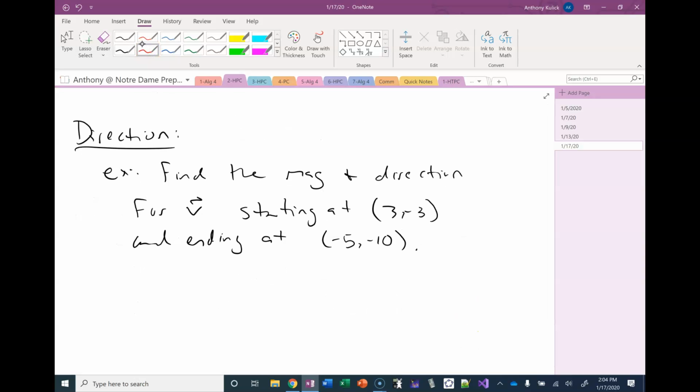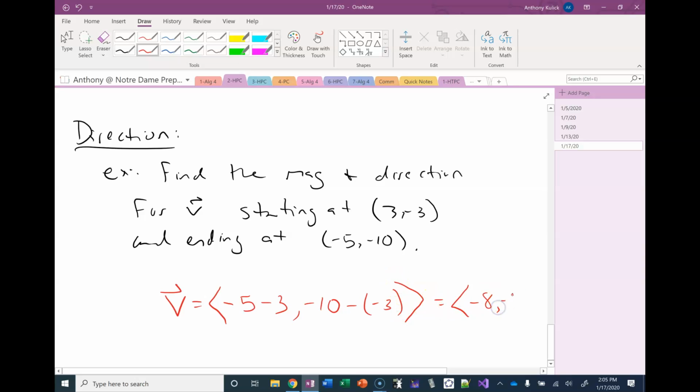So let's say we want to find the magnitude and direction for a vector v that starts at the point 3, negative 3, and ends at the point negative 5, negative 10. The first thing I'm going to do is take my vector and put it into component form. So I'm going to have end minus beginning, and then end minus beginning. Which gives me the vector negative 8, negative 7.